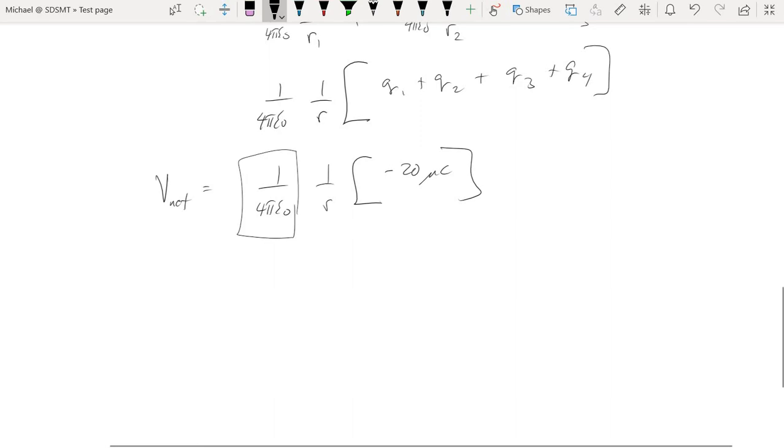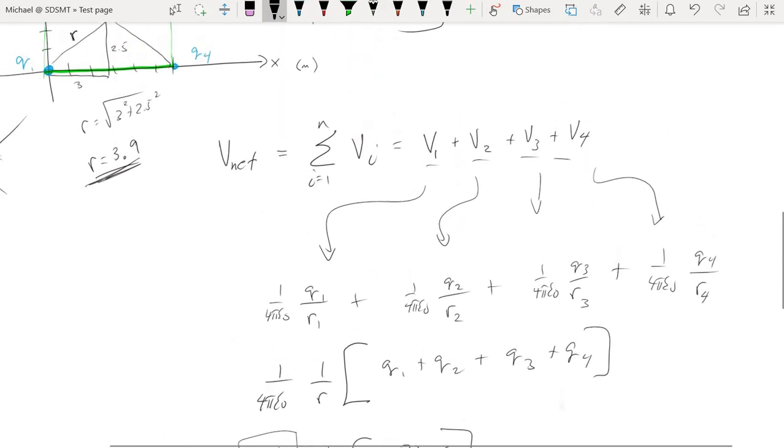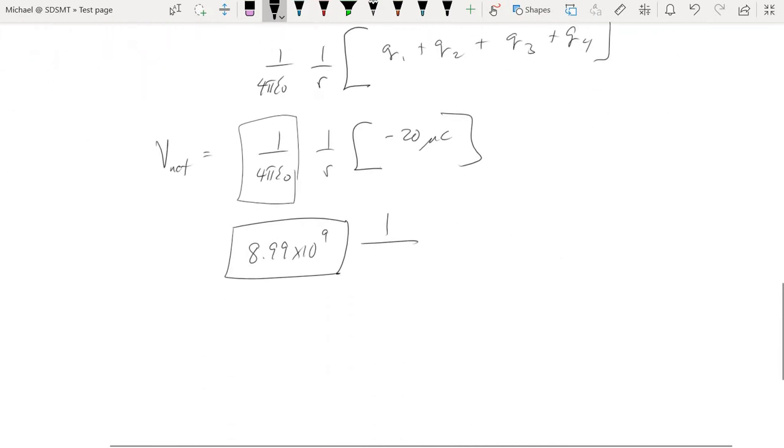Our 1 over 4 pi epsilon naught, remember that's just K. We can write that out using the value of K. We have 1 over R, and R we calculated to be 3.9. And we have our negative 20, times 10 to the minus 6, because it's microcoulombs. And here we go.